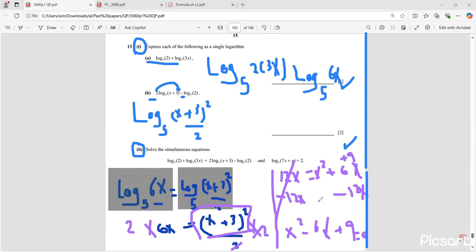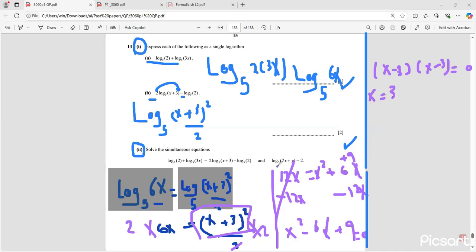And here we can say for the bracket, x minus 3 multiplied by x minus 3 equal to 0. So now x has only one solution, which is x equal to 3.